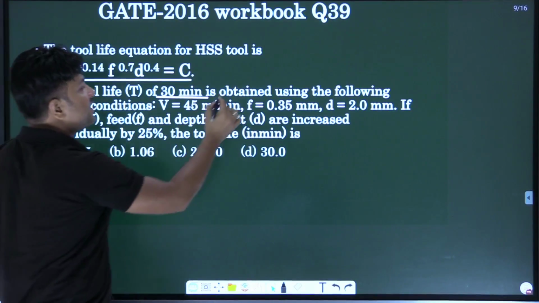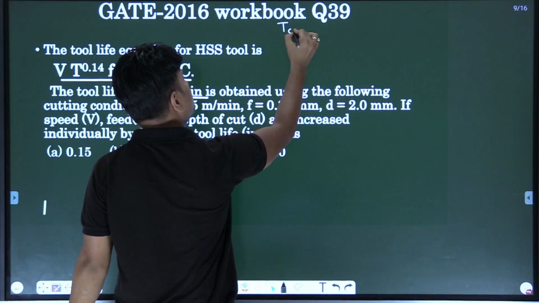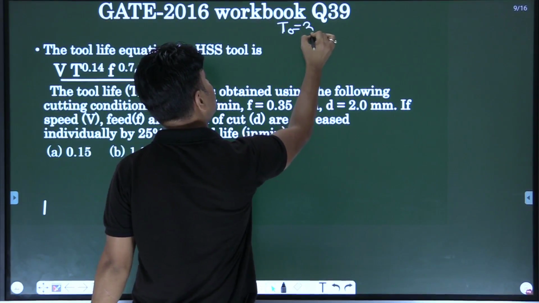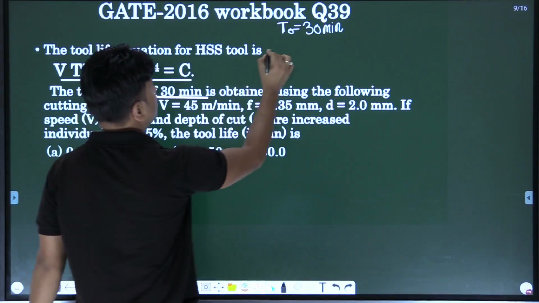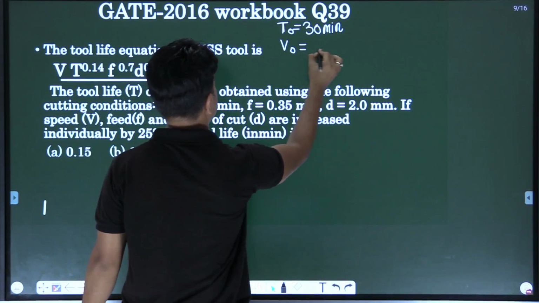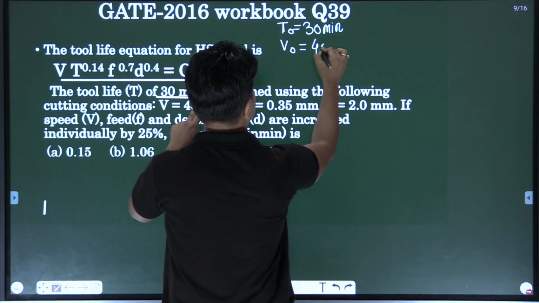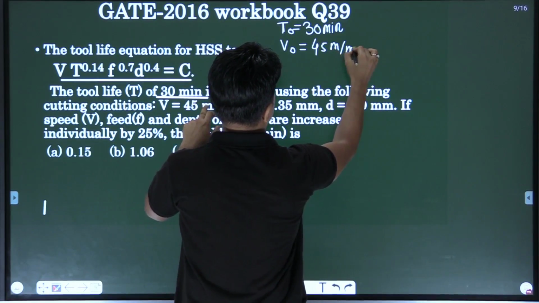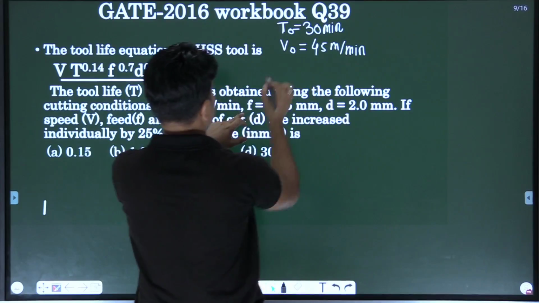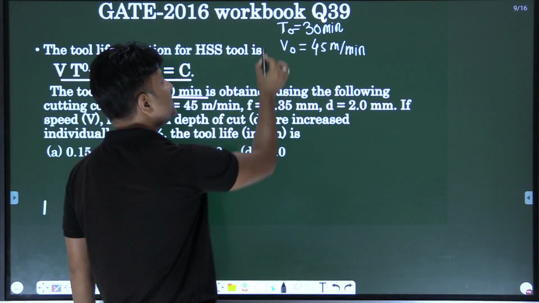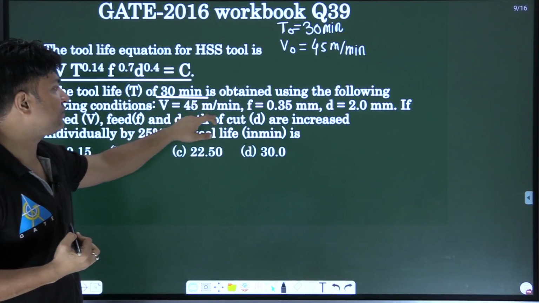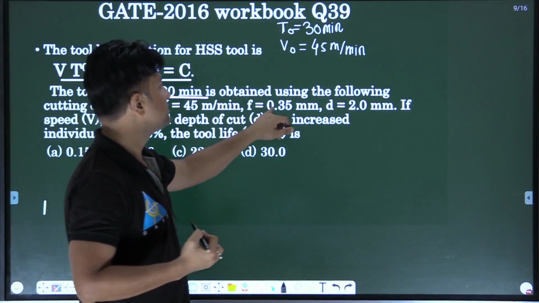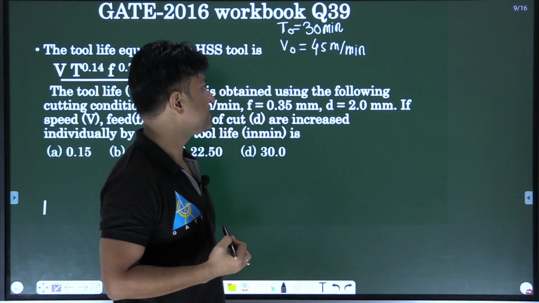Basically it is the initial tool life T0 of 30 minutes, where V0 is 45 meter per minute. This tool life comes when velocity is 45 meter per minute, feed is 0.35 mm and depth of cut is 2 mm.